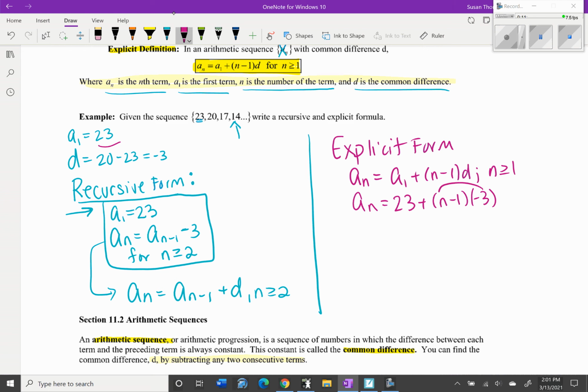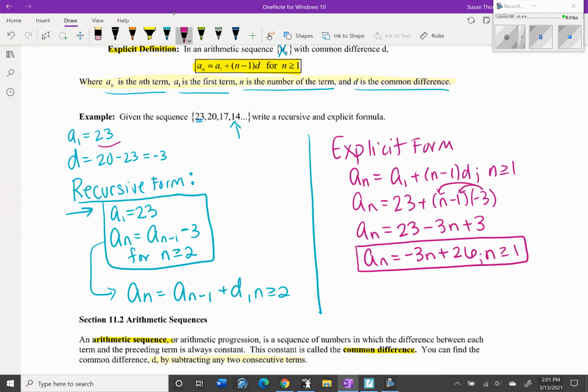So I'm going to simplify this by distributing negative 3 to both these terms. So a sub n equals 23 minus 3n plus 3. So that gives me a sub n equals negative 3n plus 26. And that's for n values greater than or equal to 1.